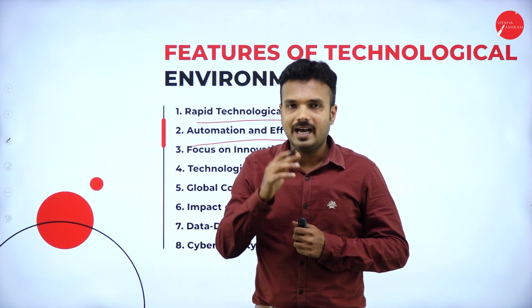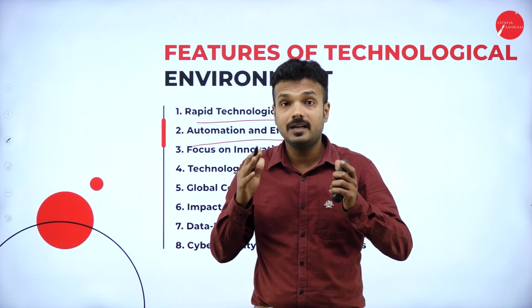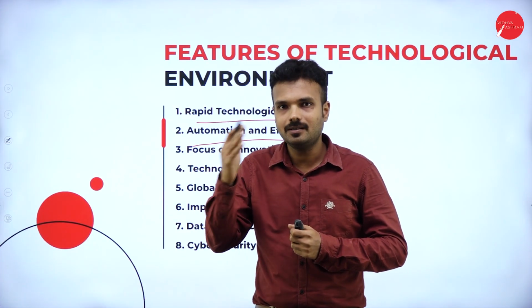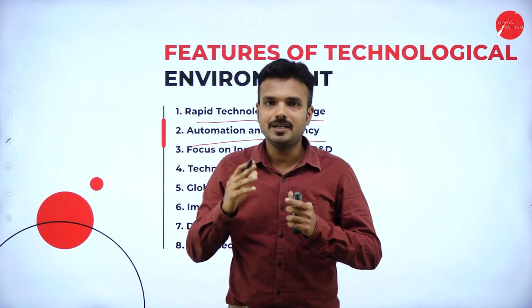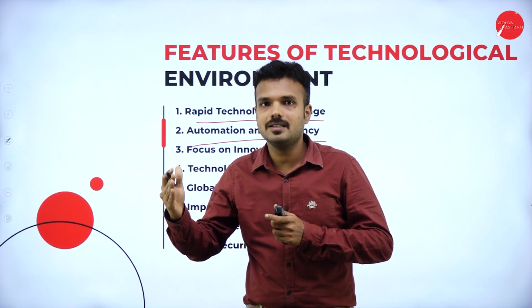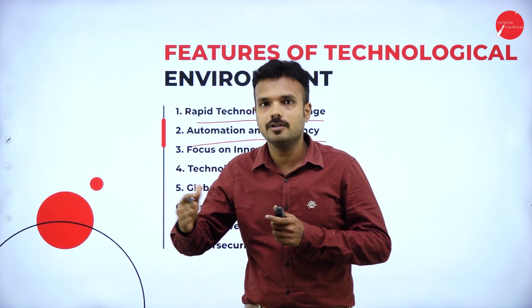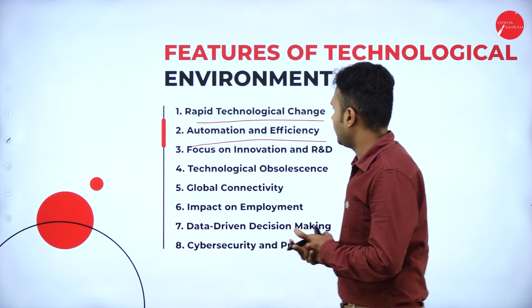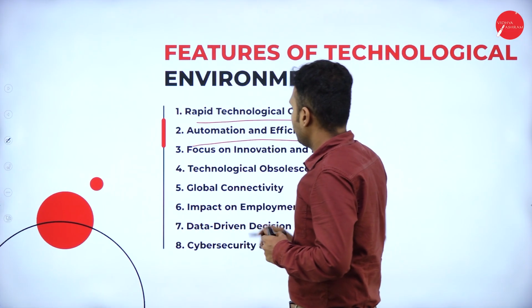For example, Amazon India Private Limited is the company which has adopted robotics for the packing purpose. So it can get effectiveness and efficiency in the work, and also complete the work as early as possible. That we call automation and efficiency.